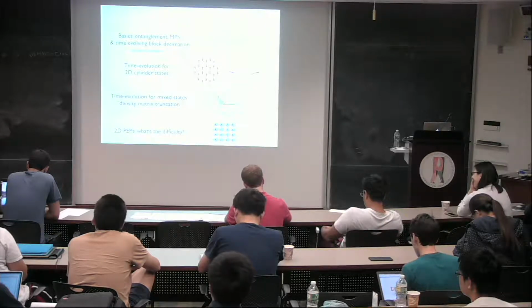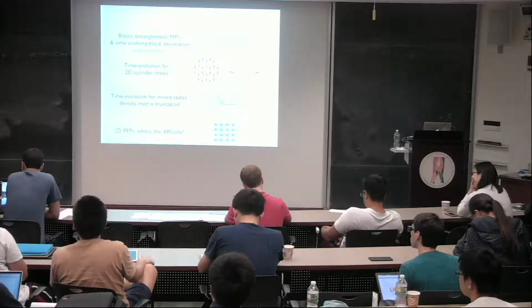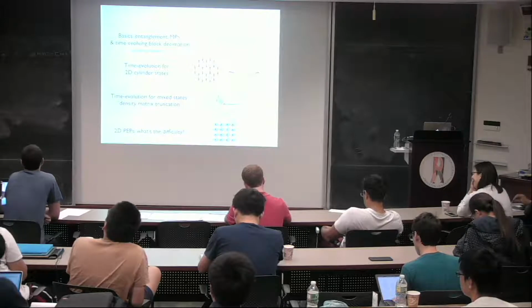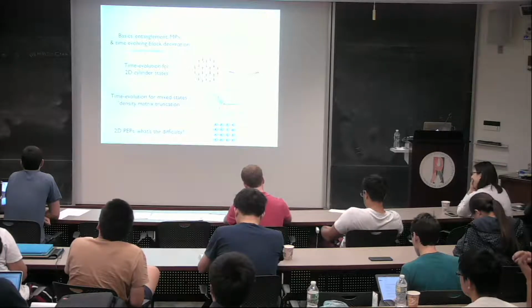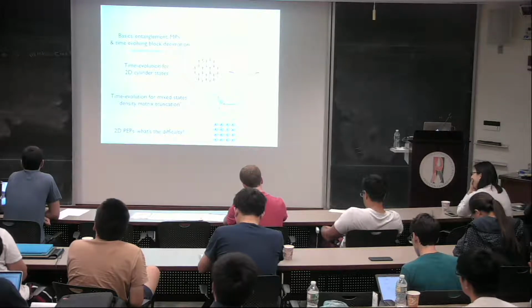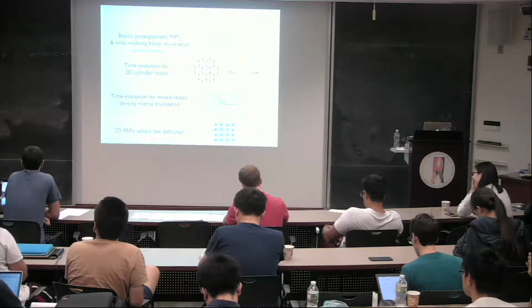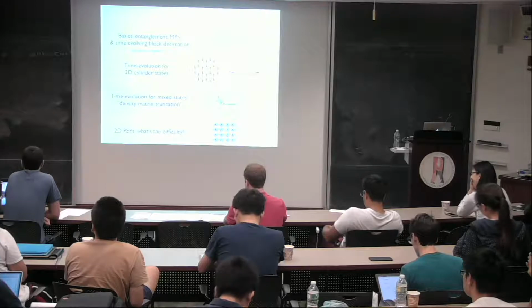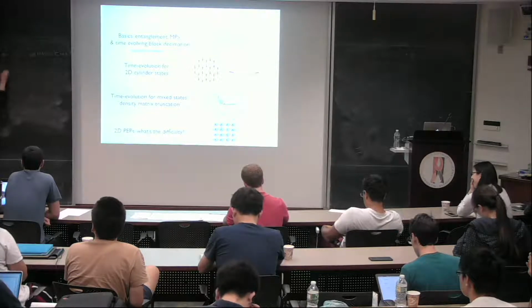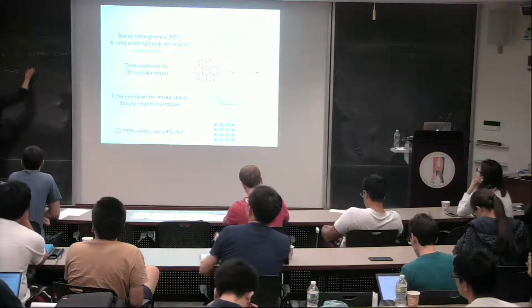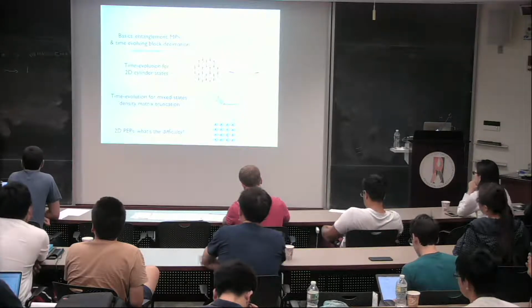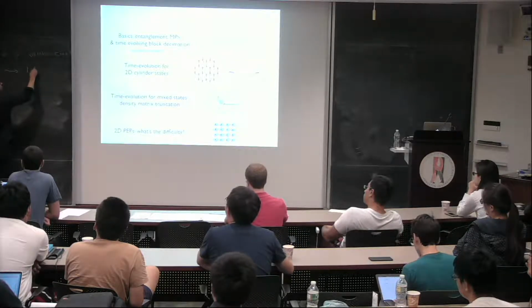Now if I time evolve e to the negative iHt on this initial state, what's happening? I have a pure quantum state time evolving, and this state has finite energy density, so I expect that at long times this is going to look like some thermal state, which I'll write as ETH.